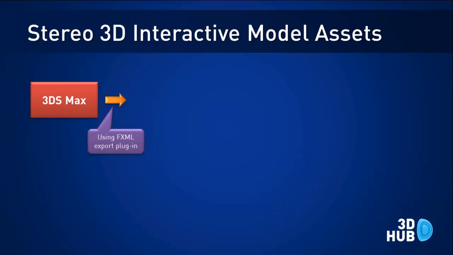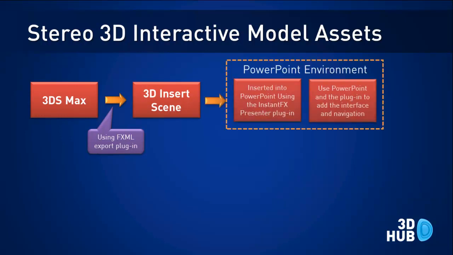We then use the FXML export plugin. Now this translates the Max geometry into a file format that Presenter, which is the plugin for PowerPoint, can understand. So that will create what we call a 3D insert scene. And then that insert scene is inserted into PowerPoint. And like I said, this is the environment that we use to add the interface.